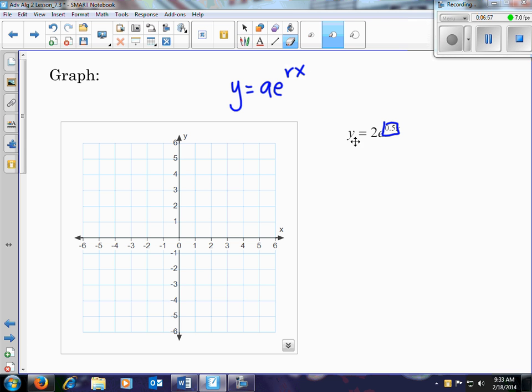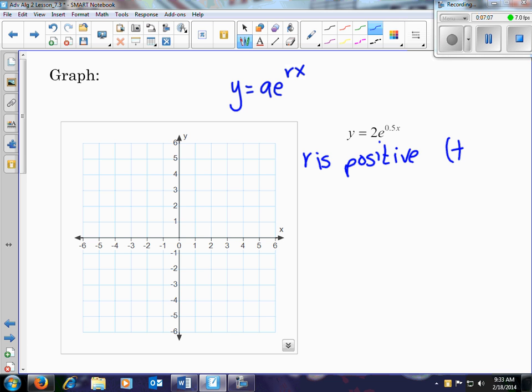So, since it is 0.05, that means my r is positive. So that means I'm going to have a growth. It is going to start somewhere down here and go up here. Now, the first thing is find my y-intercept.